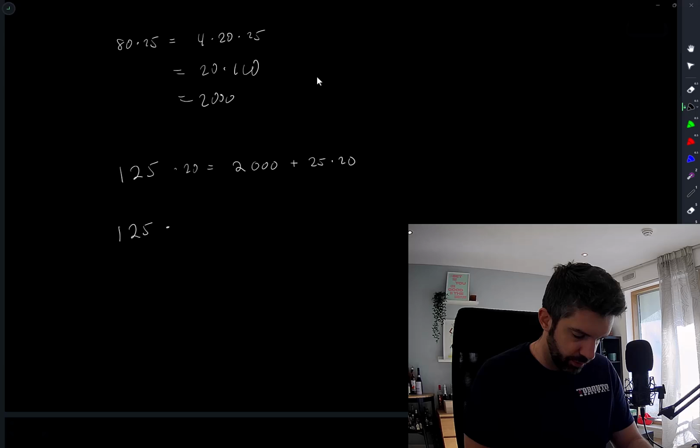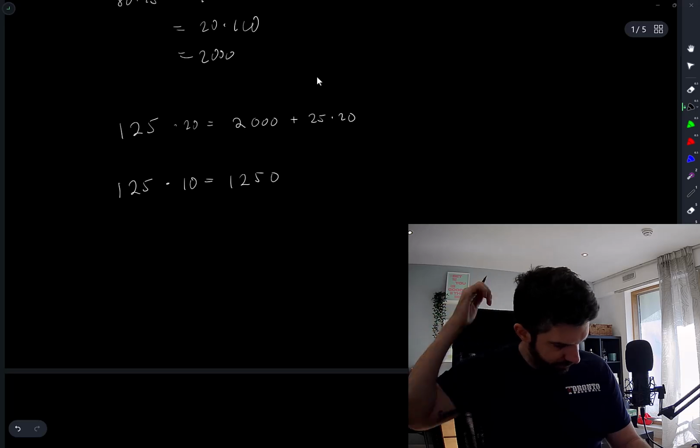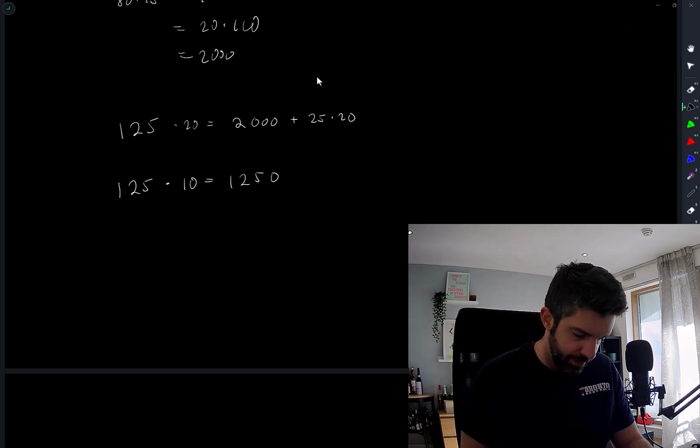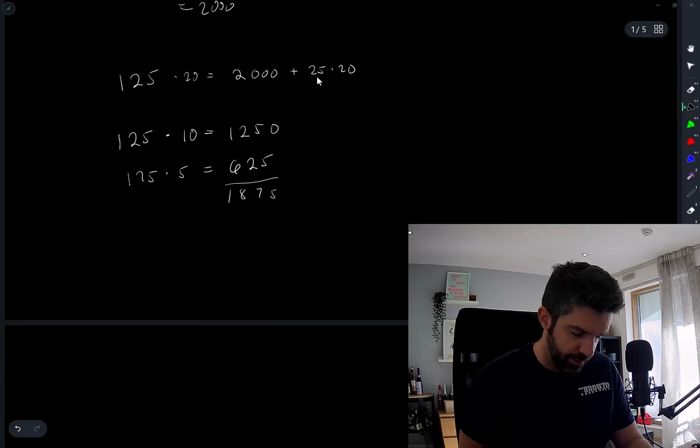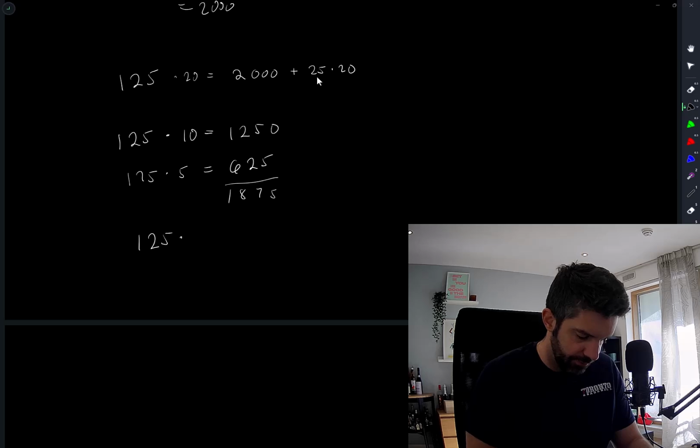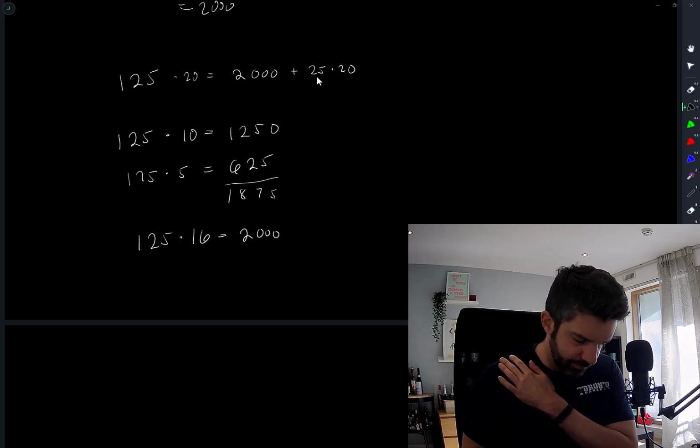Well, let's go like this. 125 times 10 is 1250. And then 125 times 5 is 625. And if we add these together, 5, 7, 8, 1. Oh, so 125 times 16 is equal to 2,000. Is that right?